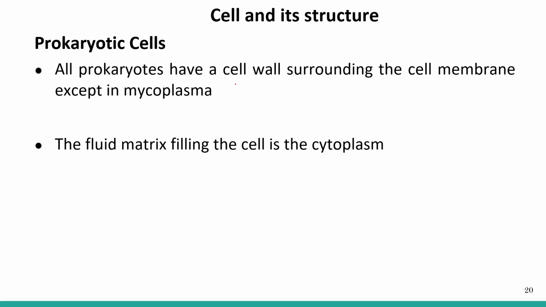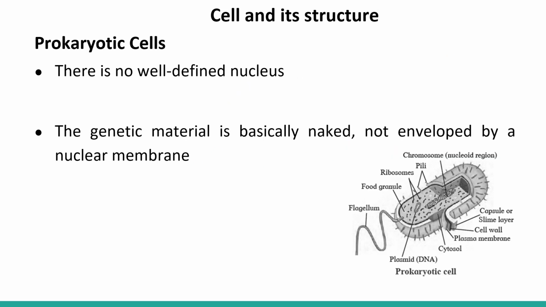All prokaryotic cells have a cell wall surrounded by the cell membrane except mycoplasma. So mycoplasma do not have any cell wall, but other prokaryotic cells have a cell wall as well as the plasma membrane. The fluid matrix filling the cell is the cytoplasm. So cytoplasm is present in both eukaryotes and prokaryotes.